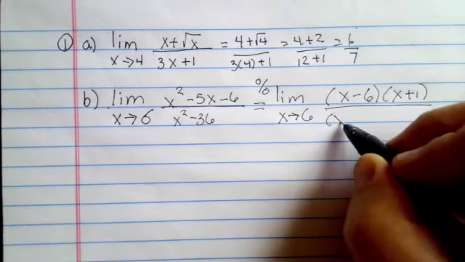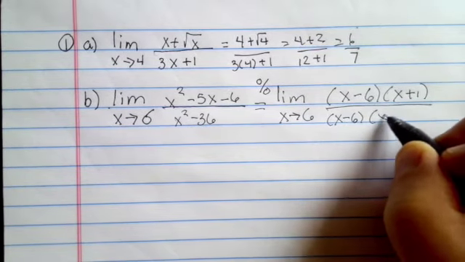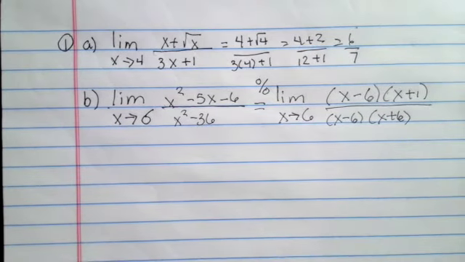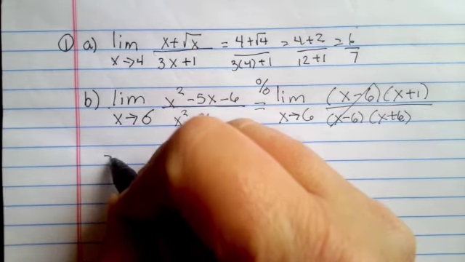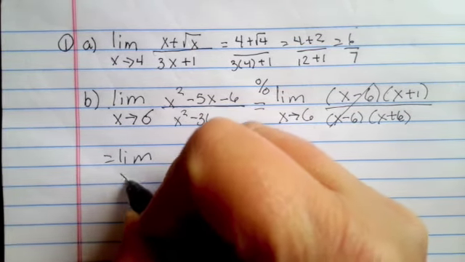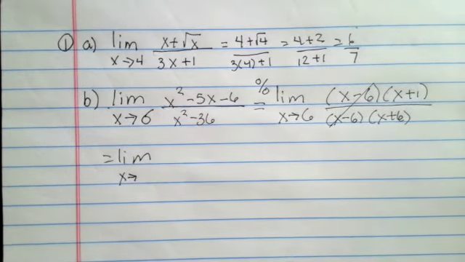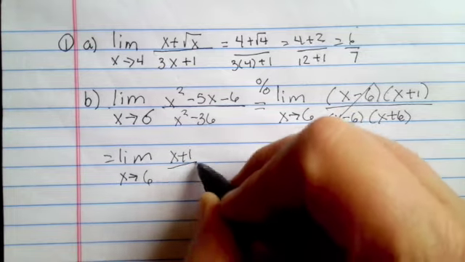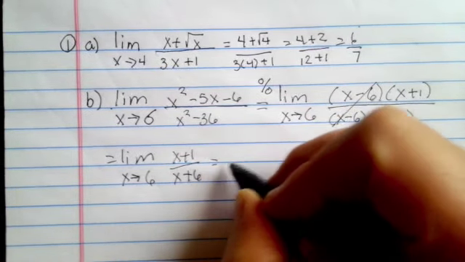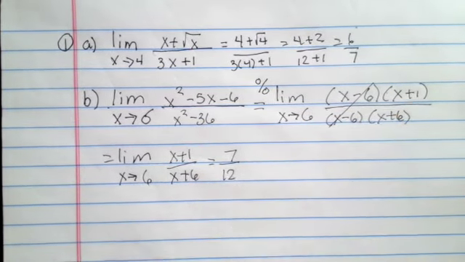The denominator factors into x minus 6 and x plus 6. This simplifies, and so we're left with the limit as x tends to 6 of x plus 1 over x plus 6, which is 7 over 12, I believe.